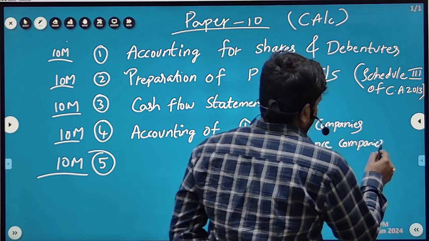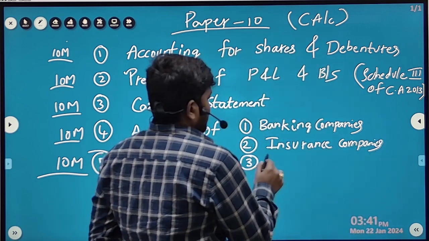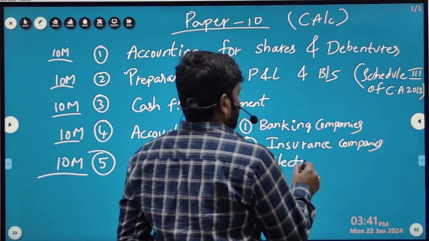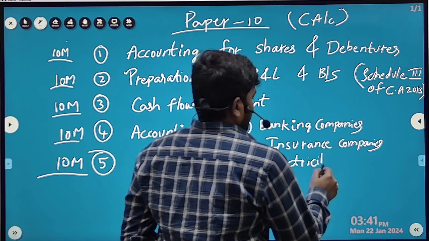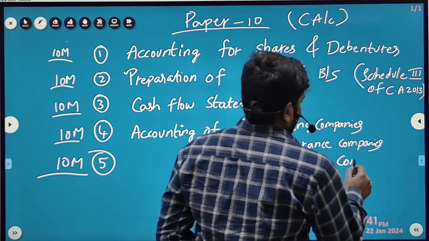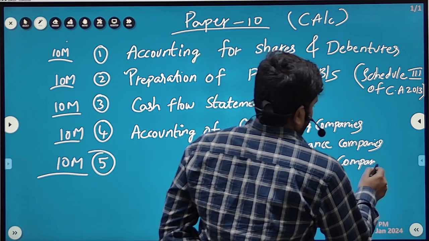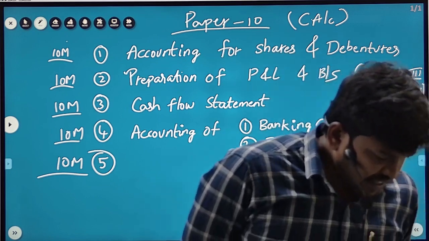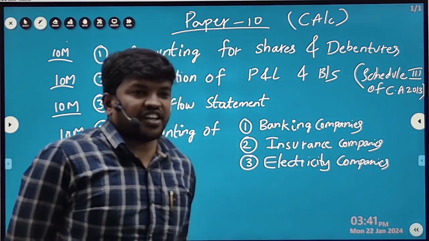Third one is electricity companies, power generation companies basically. Okay. Banking, electricity and insurance companies.